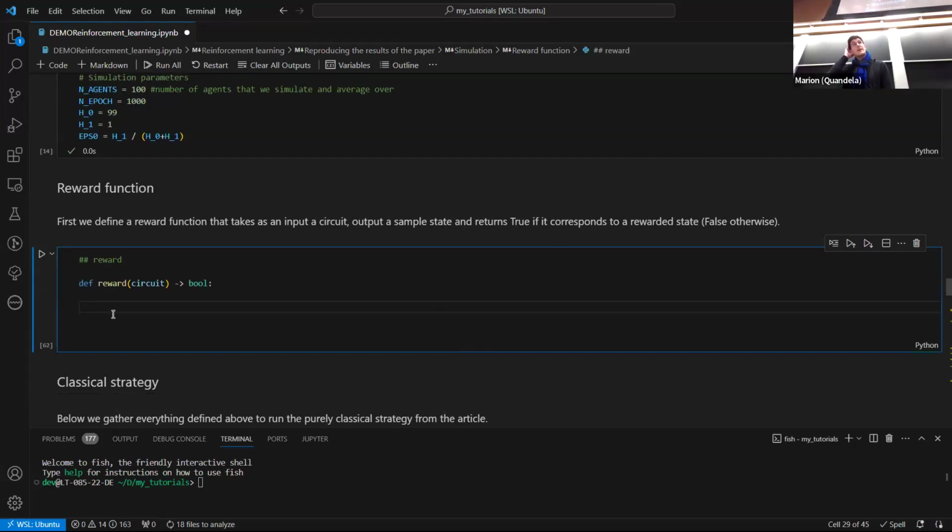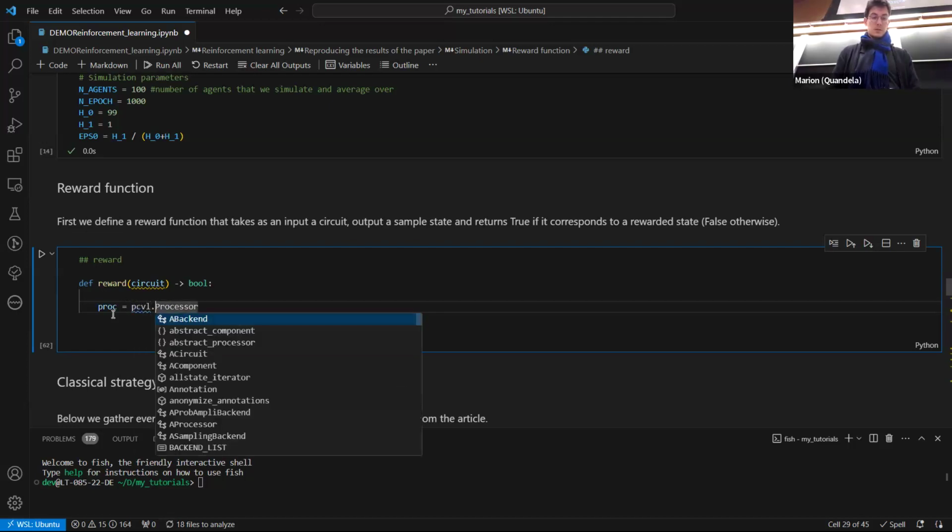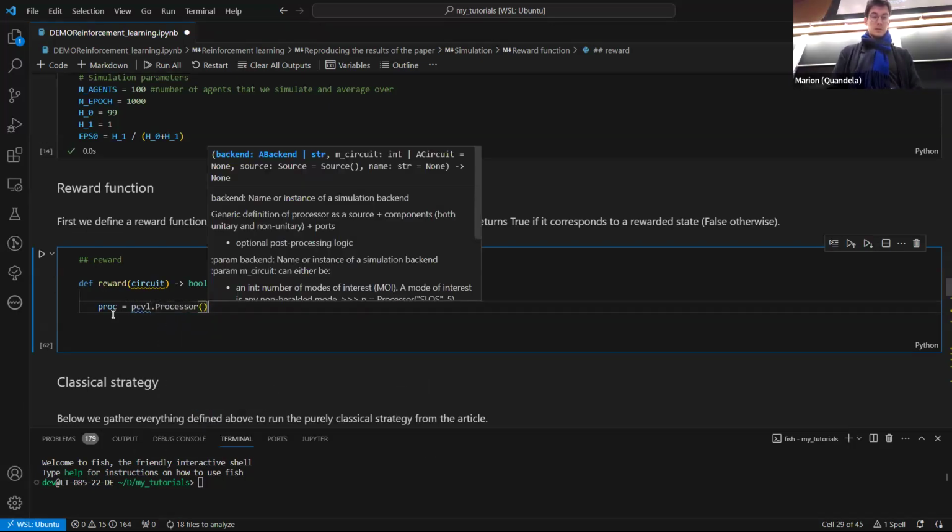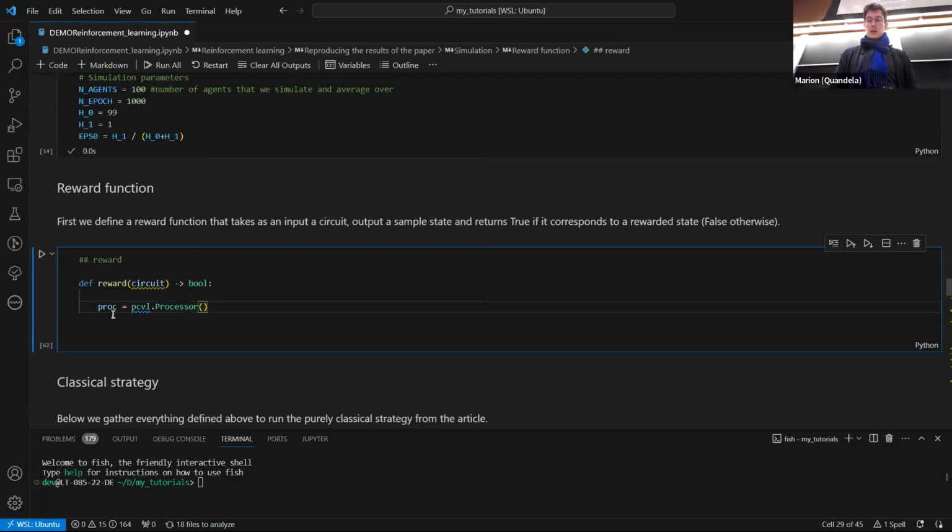And now if you want to make a simulation in Perceval, you have several ways. One of the ways is to create an object which is called processor, that will basically incorporate all the elements you need.